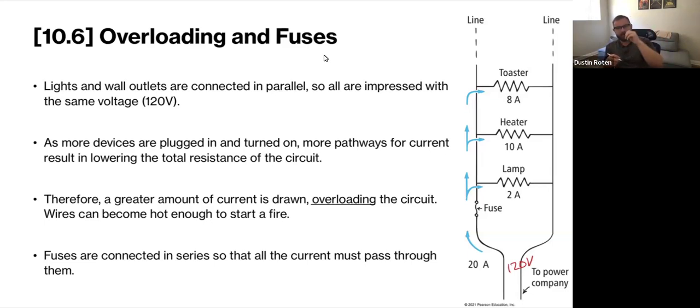As we keep adding things, so we've added a lamp, a heater, a toaster, as we turn more and more of these things on, we get more and more paths, right? So we have this first loop through the lamp. We have a second loop through the heater. Then we have a third loop through the toaster.